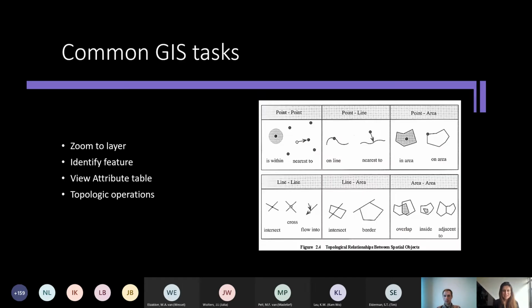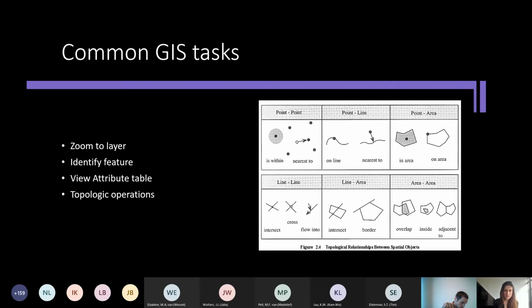Some common tasks in GIS: you might just need to zoom to a layer, or identify a feature, or view an attribute table, or you might need to do some pretty complex topological operations. So find a point that's nearest to this point, or find a point along this line, or what area is in this area or intersects.